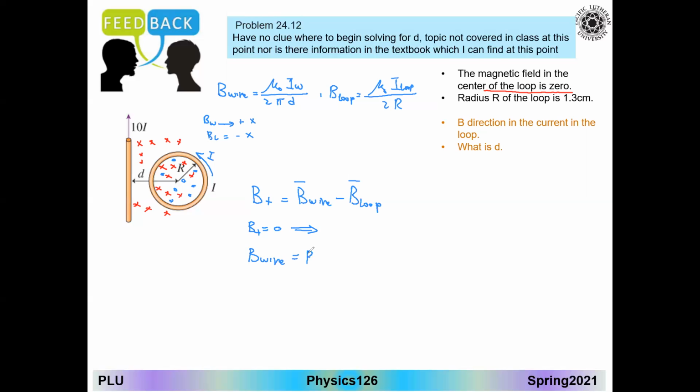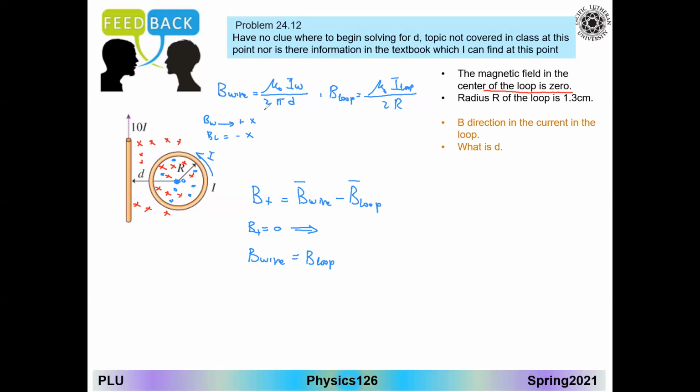So from this, I can identify that B wire equals B loop. Keep in mind, guys, this is the only case where I have total magnetic field equal to 0, which in this problem is at the center. I cannot claim that it works at any other point. Okay?